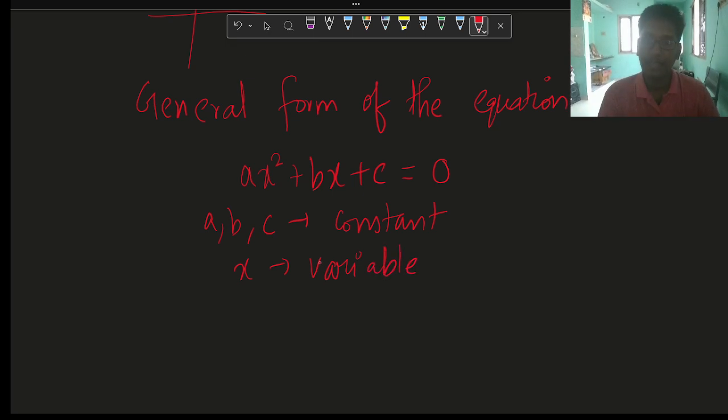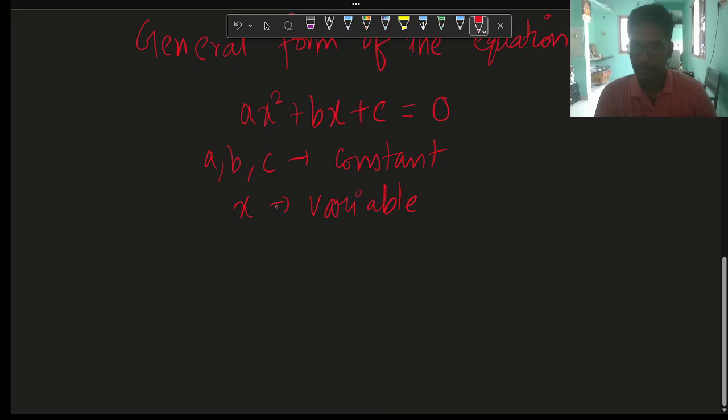This equation generally has two different solutions, two different roots. Roots and solutions are the same, so I would refer to them hereafter as roots. Let's take this equation as 1.